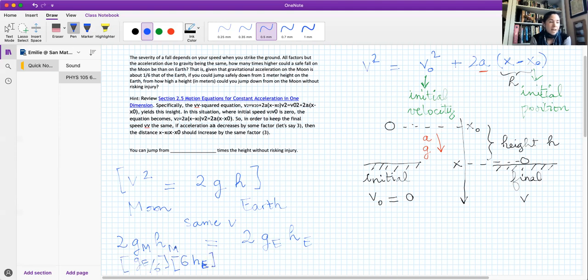So I need my height on the moon to be 6 times the height on the Earth for these two sides to be equal. And you can see that if I do that, the sixes are going to cancel out. So that means, and maybe you had the right answer, that you can jump from 6 times the height without risking injury. All right, so I'm going to stop here to keep the video shorter, and then we'll jump to the next problem.